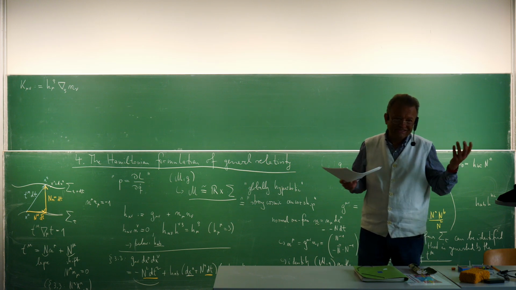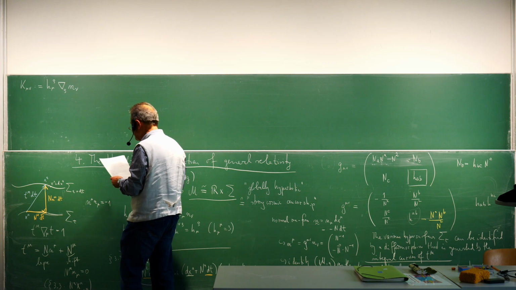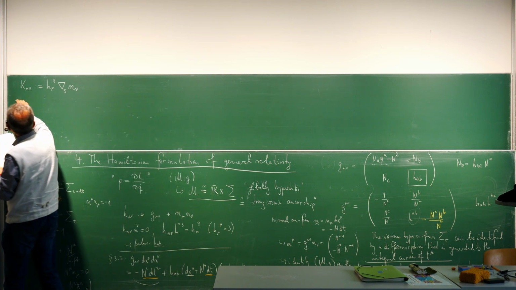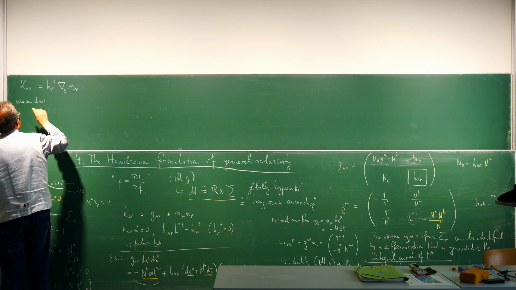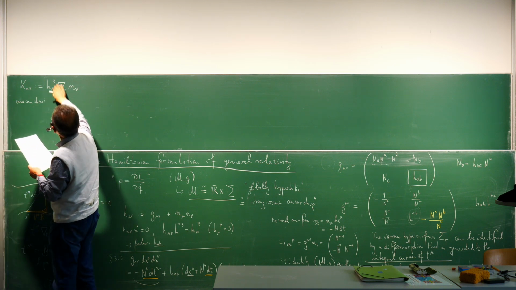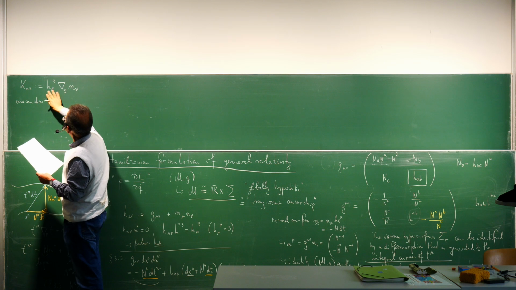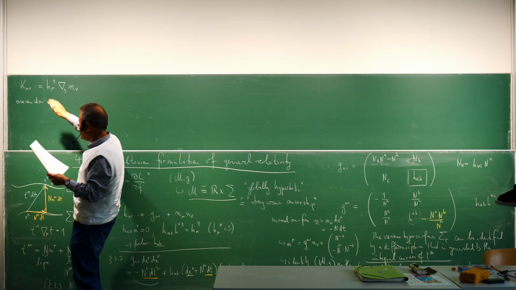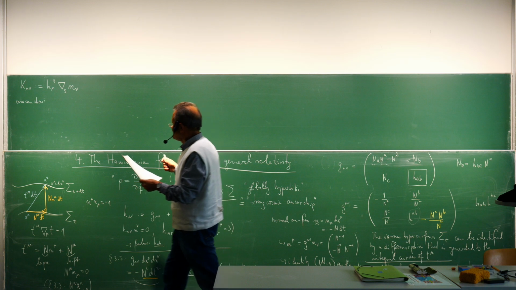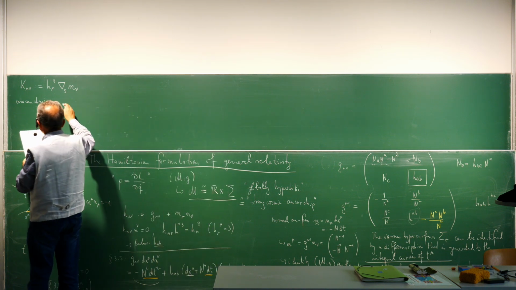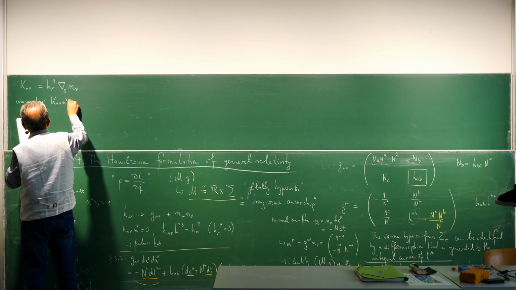We have to do it consistently. One can show, and I don't want to do this here, that because h here is the projector, it becomes already clear that this is a spatial quantity. Because this h projects onto 3-surfaces, one can show that K_mu nu n^nu is 0.